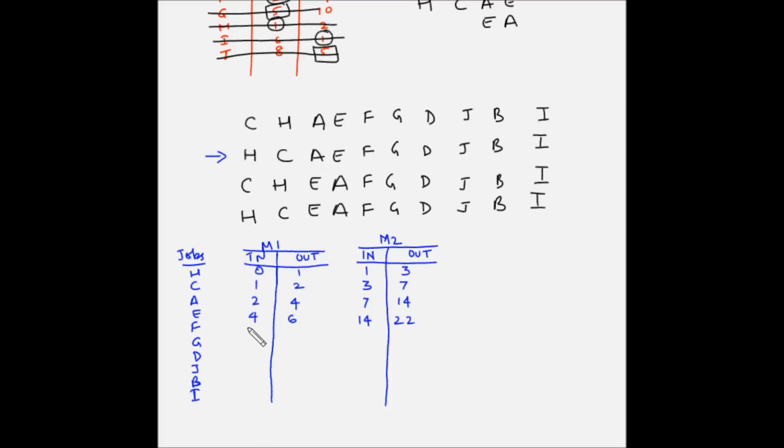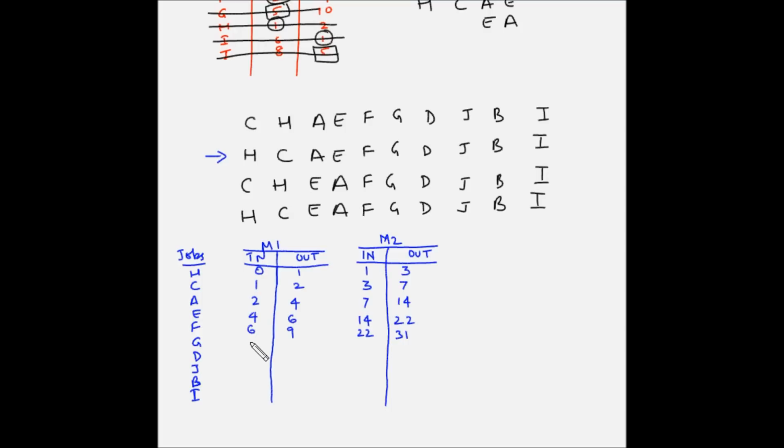F will be into M1 at the 6th hour, and it will take 3 hours there, so it will be out at the 9th hour. Now F can go into M2 after 22nd hour, and F will take 9 hours to be processed on M2, so it will be out after 31 hours.